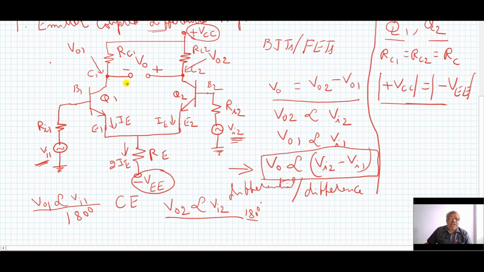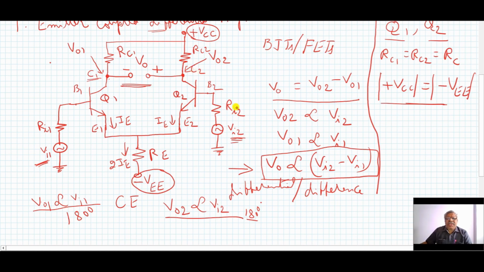But if you collect the final output between the two collectors, then we assume that the potential at collector 2, V02, is at a higher potential than the potential at C1, which is V01. That's why we represent the polarities as minus at C1 and plus at C2.